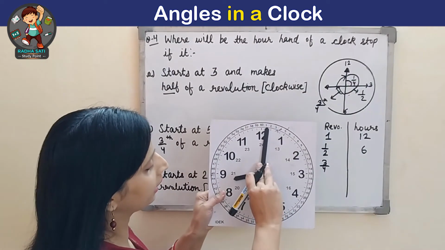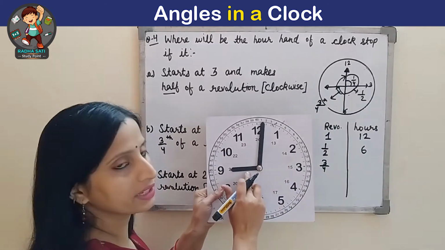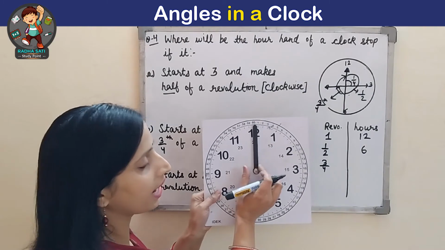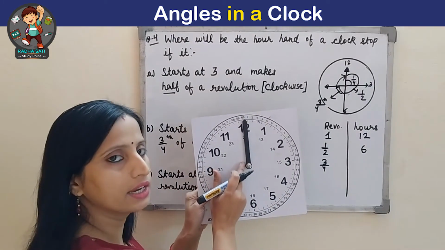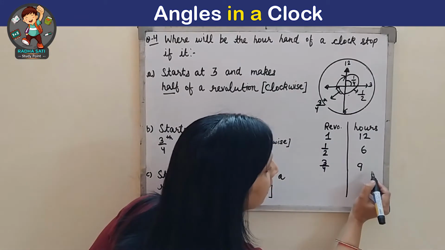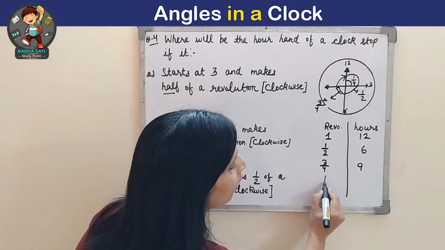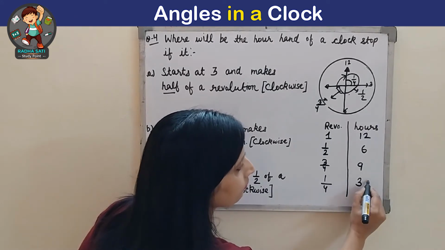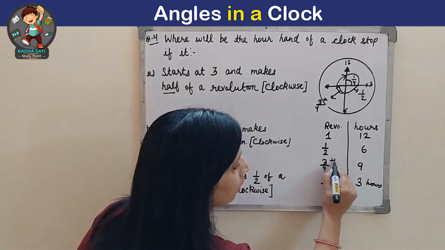From 12 to 9, it's half plus 1/4, or we can say 3/4. And in 12 hours, this hour hand will make one complete revolution and an angle of 360 degree. So 3/4 revolution means 9 hours. Okay. And complete revolution we know, 1/4 of revolution means 3 hours. So these all are in hours and these all are revolution.